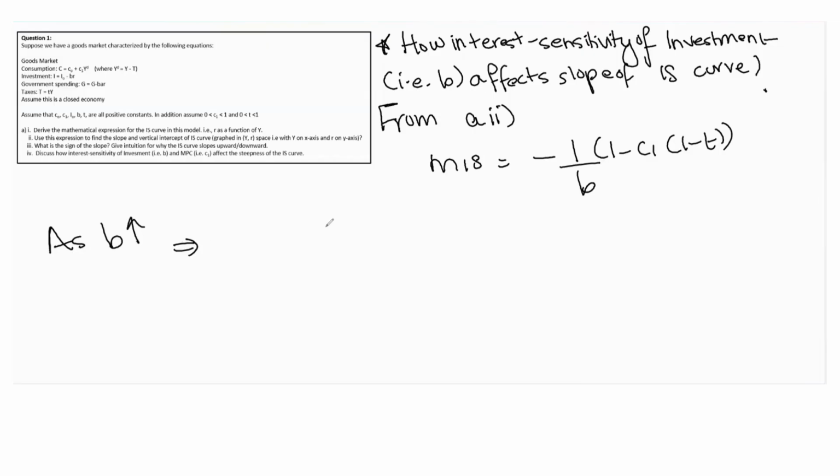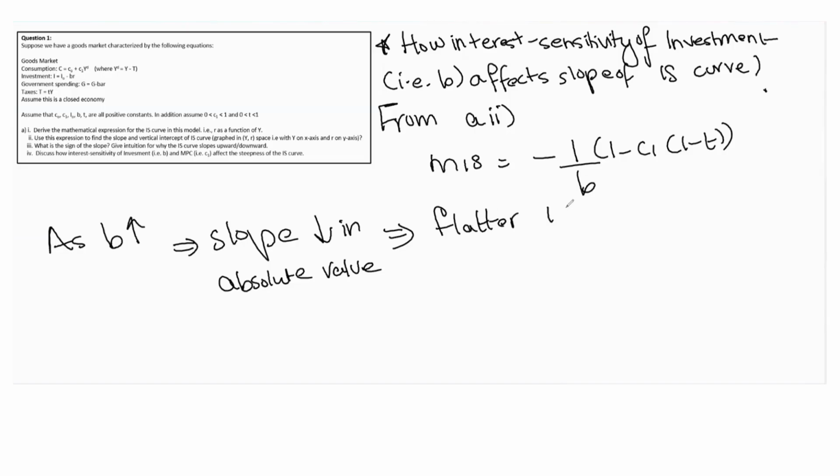So we know the slope will decrease in absolute value, right? In terms of the absolute value, the slope will go down because B is in the denominator. And as slope goes down, this means we'll get a flatter IS curve. And we know what a flat IS curve means. A given change in interest rate will result in a larger change in output.